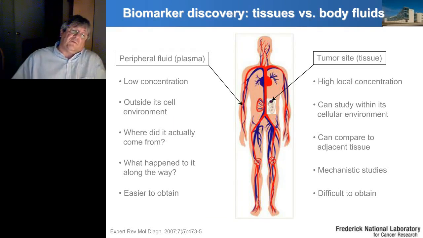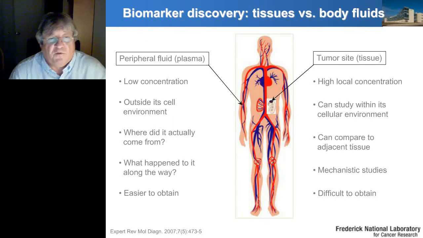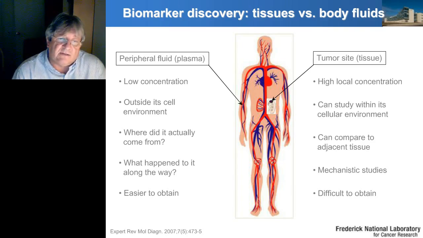One thing that also needs to be addressed before you start using biomarkers: nothing can match the ease of getting an easy blood sample to analyze, but do we really need to go only there?